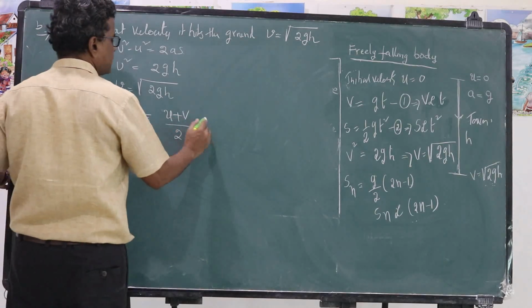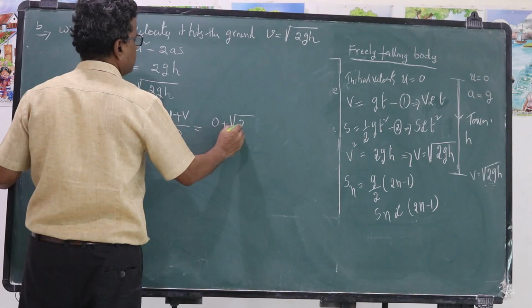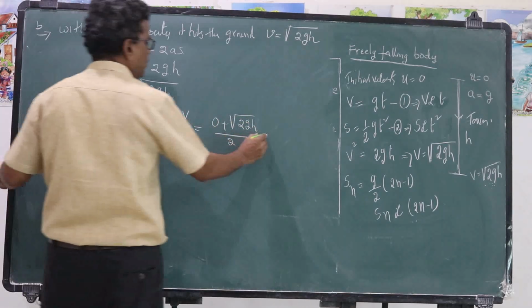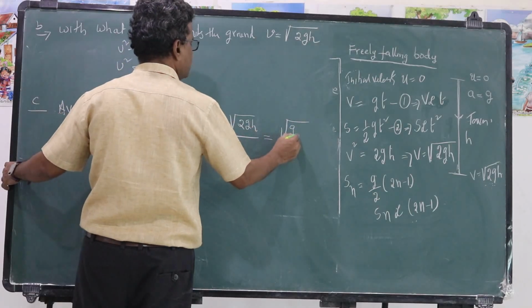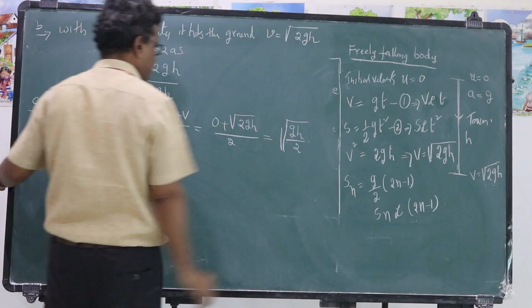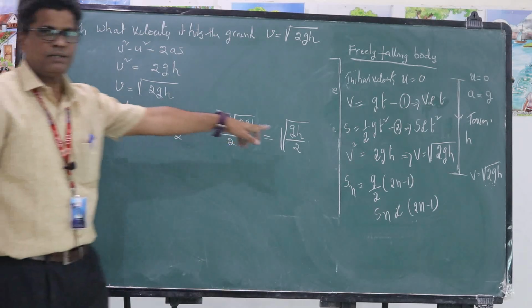So initial velocity is 0, and the velocity with which it hits the ground is square root of 2gh, by 2. So that is square root of gh by 2. So this is the average velocity acquired by the body.